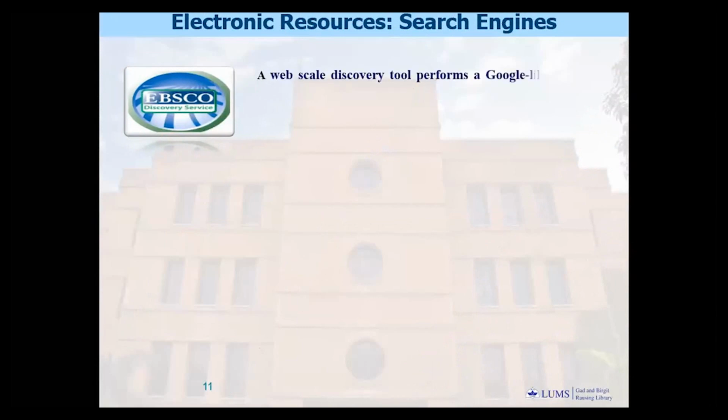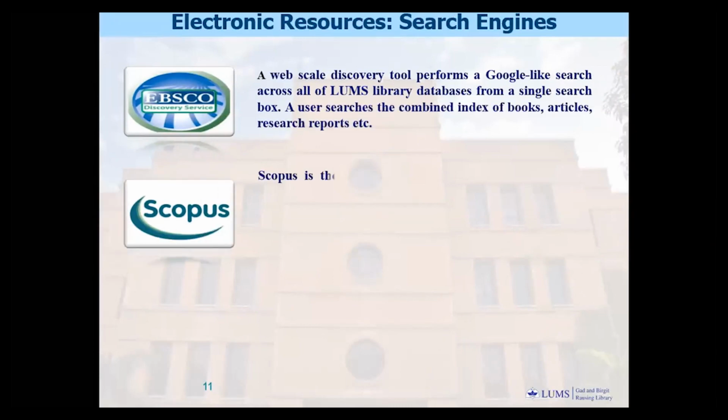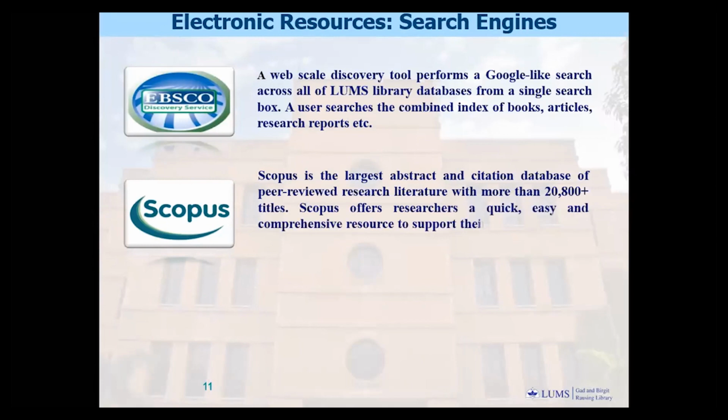All the resources which we have subscribed to, we have provided single-source access to all the readers. For example, the students can access these databases, all of which are available in the library as well as in the databases.